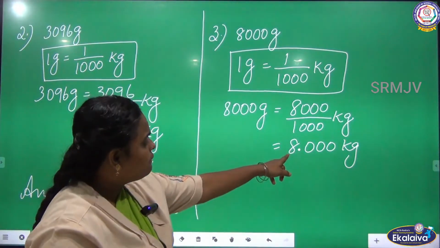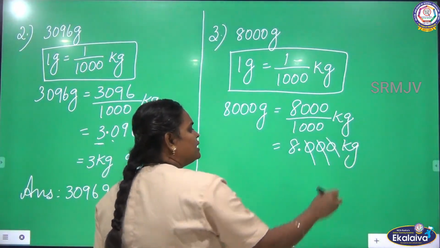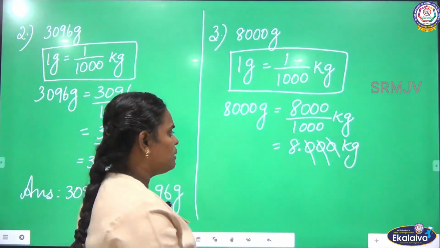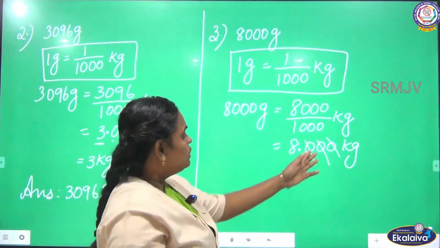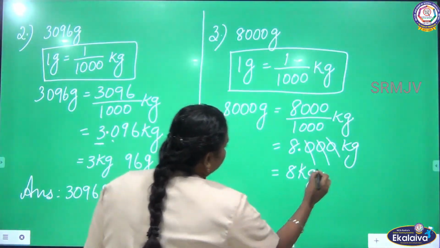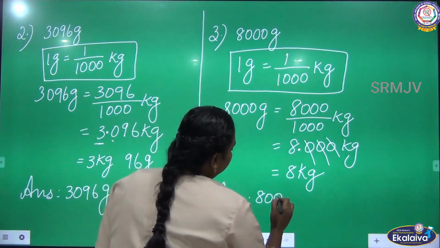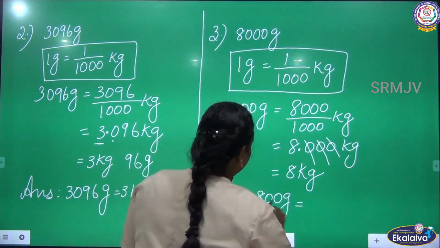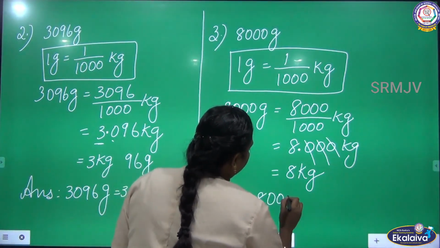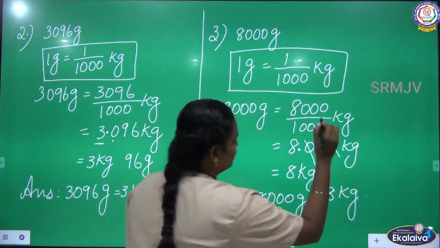After the decimal only the zeros are there, so we can take away all the zeros. So here whether gram is there? No, only kilogram, because after the decimal no numbers are there. So you can write 8 kilogram. So the answer is 8000 gram equal to 8 kilograms.